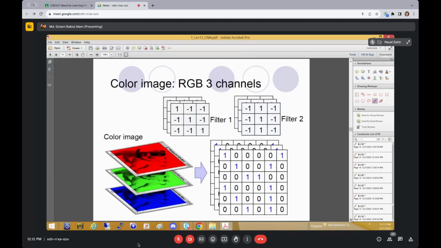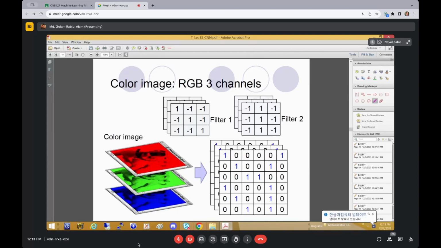Now, if we have a color image, usually it has three components: red, green, and blue. I think we know those things. So if we read a color image, we usually get three panels, one for red, another for green, another for blue.